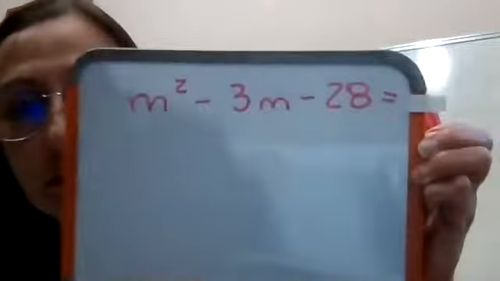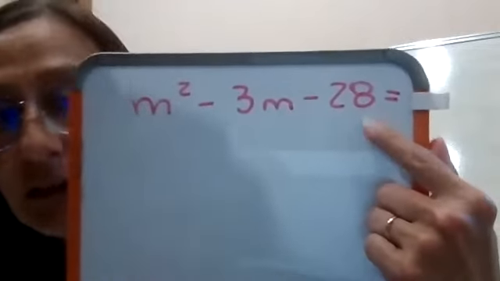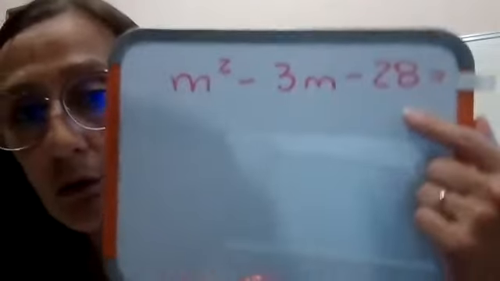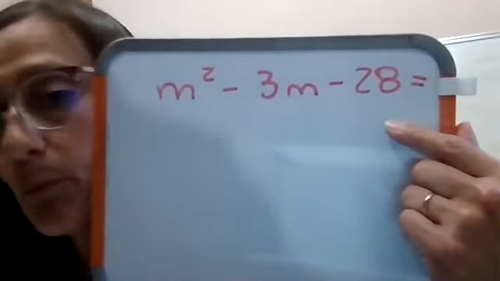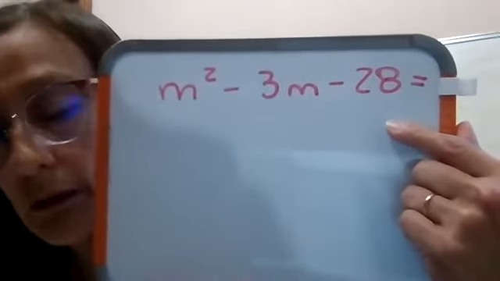So, for example, I will give you an example: m squared minus 3m minus 28. Okay, so we see here that 28 has no square, so this is not a perfect square trinomial.